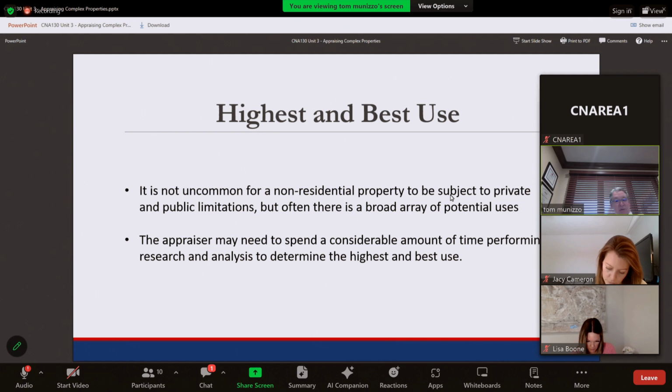Now, you're not going to really deal with capitalization on a single family property. You need to know how to develop a capitalization rate for a mixed use or a larger income producing property, or a bigger commercial or industrial property. And what effective gross income is, what a gross income multiplier is, what a gross rent multiplier is.